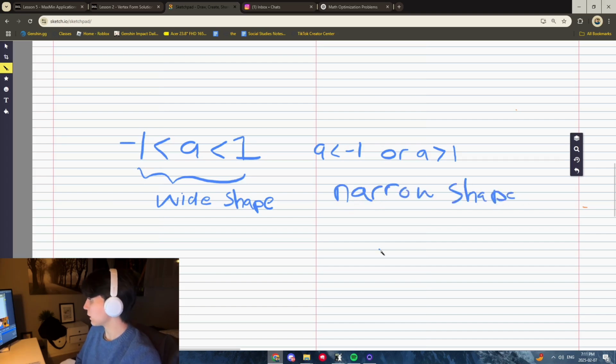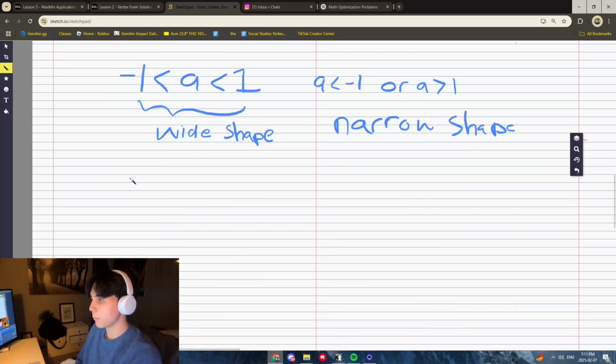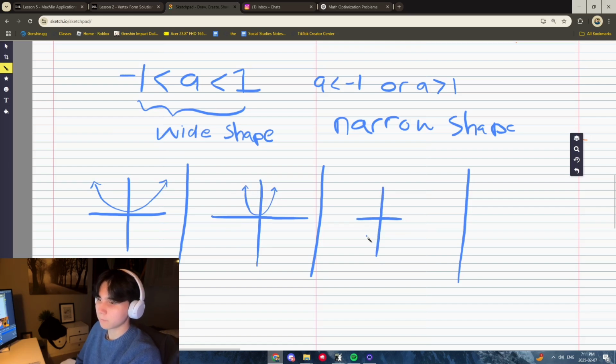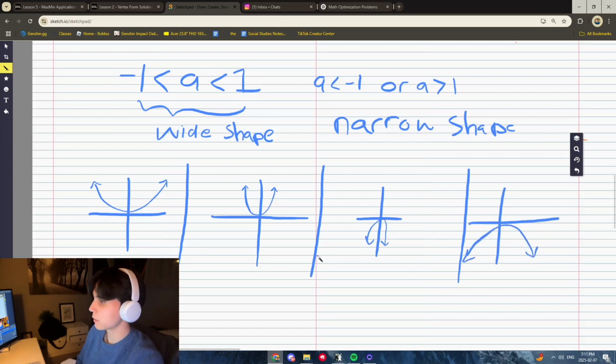But this is also an indicator of how high the A value actually is. So for instance, if I were to give you 4 different graphs, like this graph here, this graph here, this graph here, and this graph here, and ask you to arrange them by A values from lowest to highest, you can do it by just looking at them.